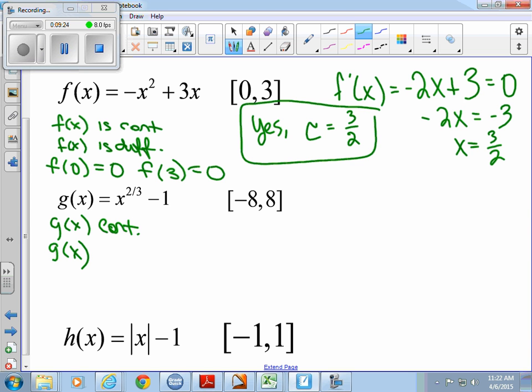How could we find out? Find the derivative. Is there anything that makes that undefined? 0. Is that between -8 and 8? So Rolle's theorem does not apply.